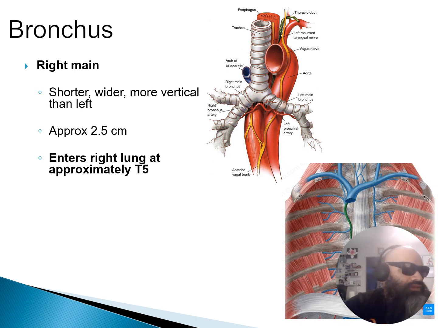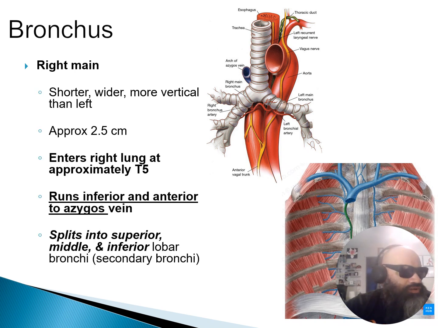Here's your right main bronchus. As we discussed, it's shorter and much more vertical when compared to the left. You need to understand what level the right main bronchus enters into the thoracic cavity, and that is the level of T5. Also, there is a vein called the azygos vein, which is right here. Understand that it will run inferior and anterior to the azygos vein.